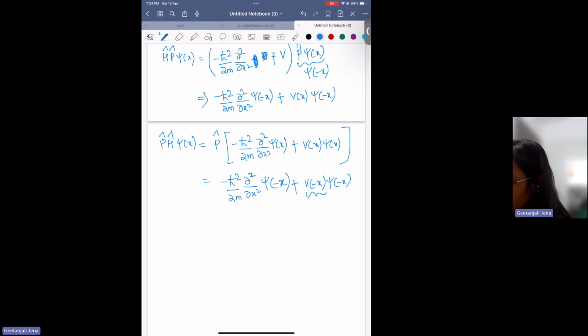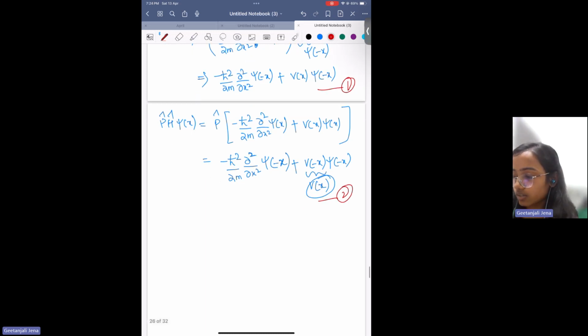But we know that V of minus x is V of x. We have proved it. So if you compare these two terms, HP and PH are equal when they act on an arbitrary state psi of x. So the commutation relation of H and P would be 0, and they will have a common eigenstate. The eigenstate of the Hamiltonian is the energy eigenfunction, so the parity operator will share the energy eigenfunctions.